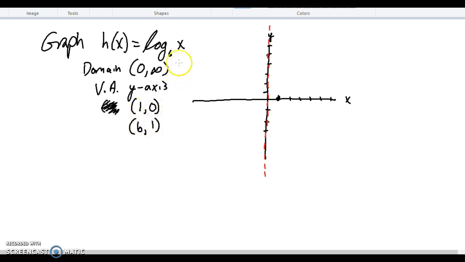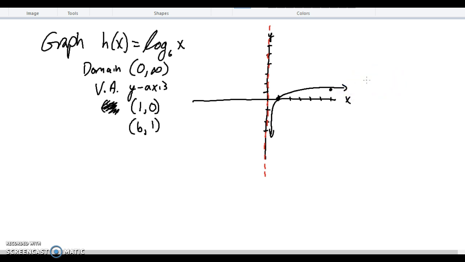Why is that? Well, log base 6 of 6 would be asking, 6 raised to what power is 6? And that is 1. So 1, 2, 3, 4, 5, 6, 1. It's an increasing function still. So it will look something like this.